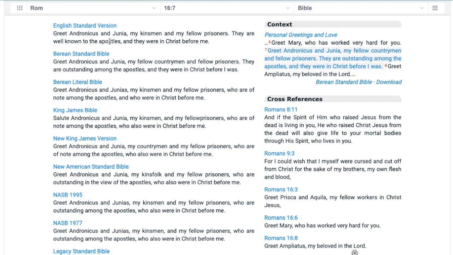And so I think the English Standard Version here mistranslates one word here, and it changes the entire meaning of the sentence. Mistranslating the word among to the word to means the difference between Andronicus and Junia being among the apostles versus that they are well known to the apostles. That's a big difference. And the reason that this is happening is because the translators of the English Standard Version are not translating this, they are interpreting this.